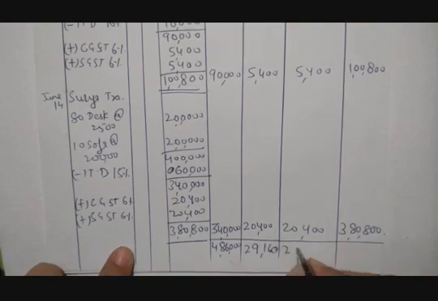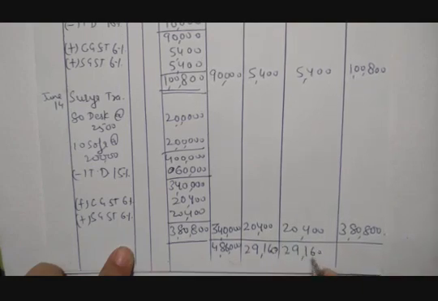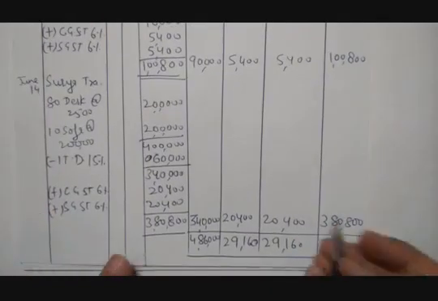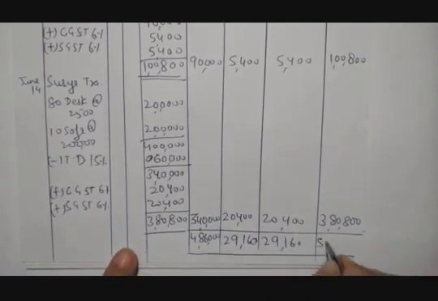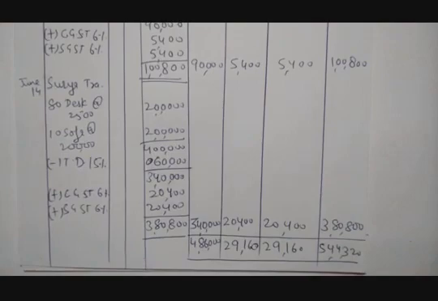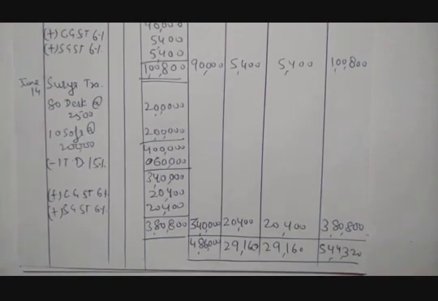When we will add its next column, it will also be like same because it is CGST, SGST. Fine. And total of all the columns is 5,44,320.